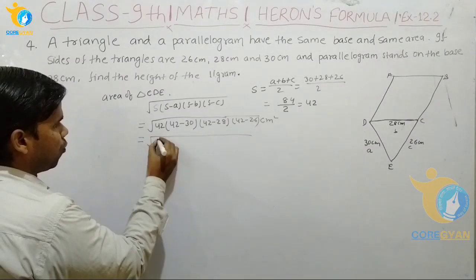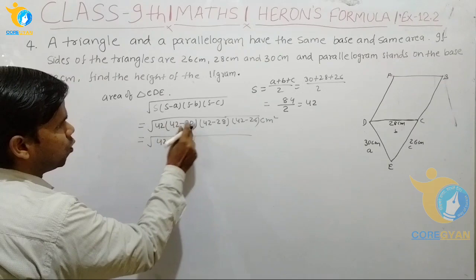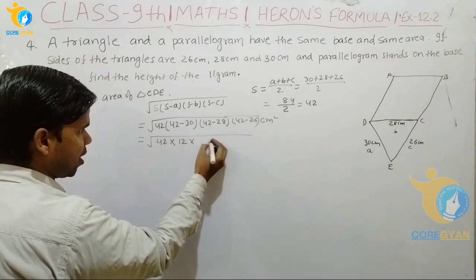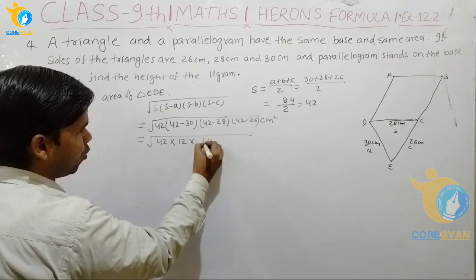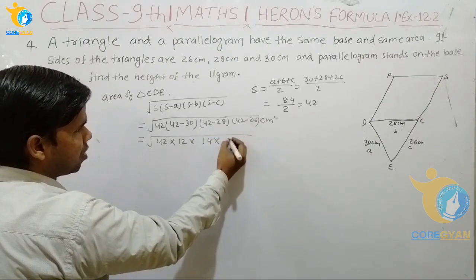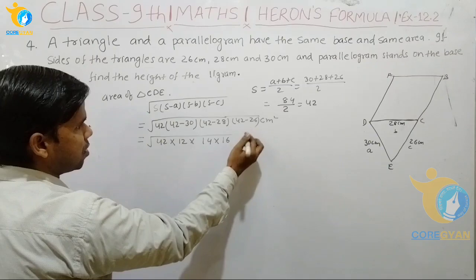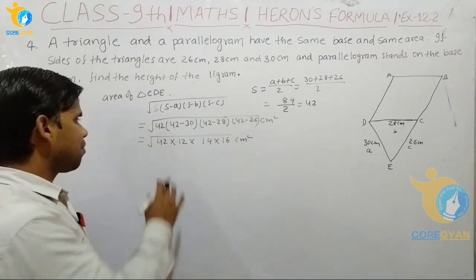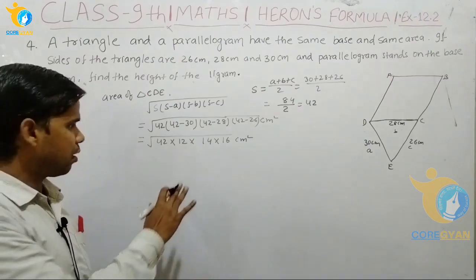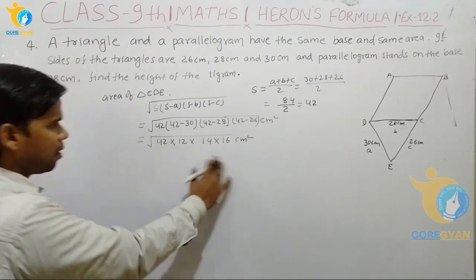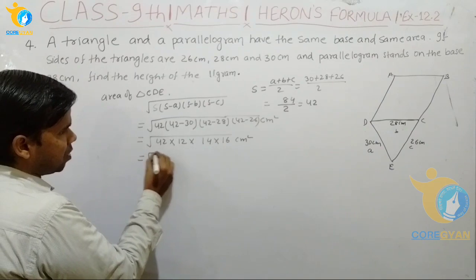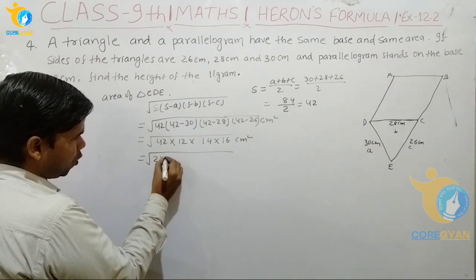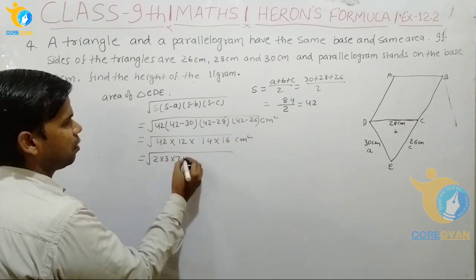So this goes to 42 into 12 into 14 into 16 centimeter square. Then you have to solve them by an easy process. Firstly we have to make pairs between them. So this goes to 2 into 3 into 7.